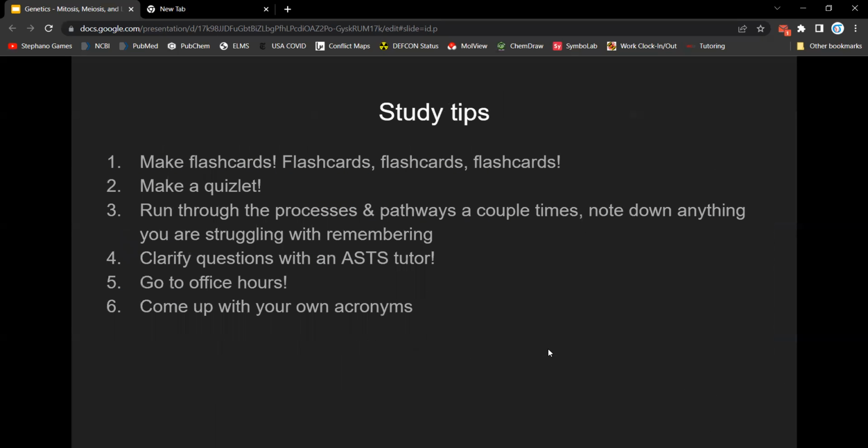And so you might be asking, okay, so what are some study tips that I can use to memorize this information, categorize it, etc.? So in my experience, I've used flashcards, I've made Quizlets. Both of those have worked to an extent. I think for me personally, the one that's been most helpful is coming up with my own acronyms and running through the pathways.